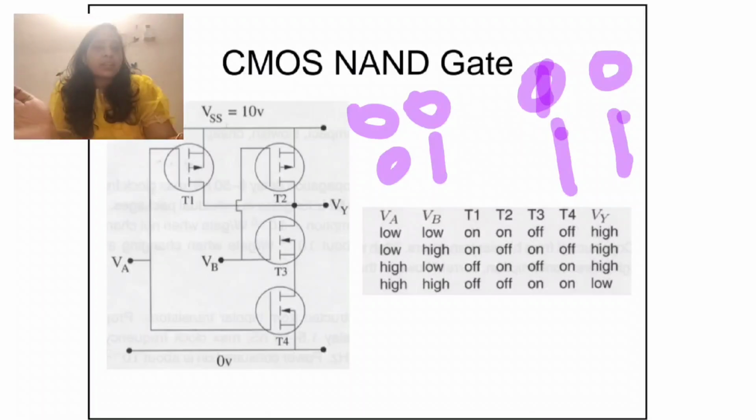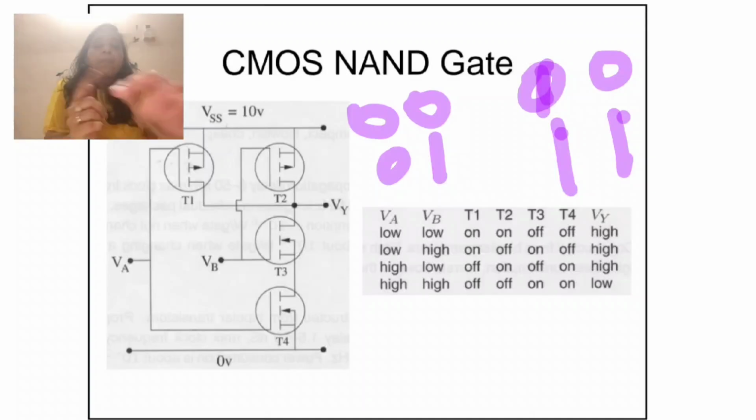So I open that gate, terminal 1 and terminal 2 are open. What about terminal 3 and 4? It's the opposite. If terminal 1 and 2 are open, then terminal 3 and 4 are closed, so that voltage is closed.